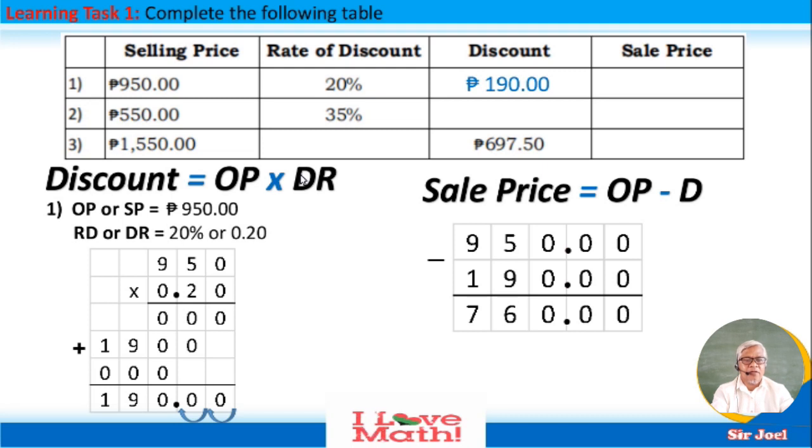So, we have 0 minus 0 is 0. 5 minus 9 cannot be. 5 will become 15. And 9 will become 8. Okay? So, 15 minus 9 is 6, while 8 minus 1 is 7. Meron na tayong 760.00, which of course equivalent to 760 pesos. So, napuna na natin yung ating problem number 1.